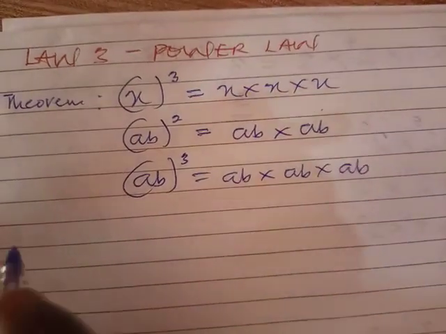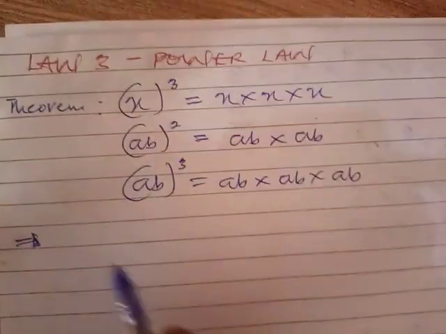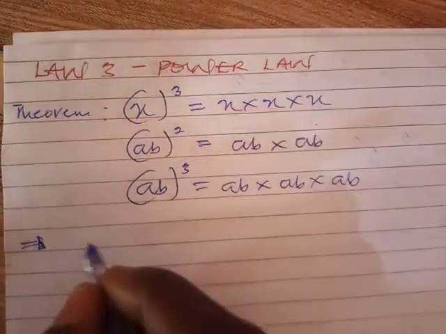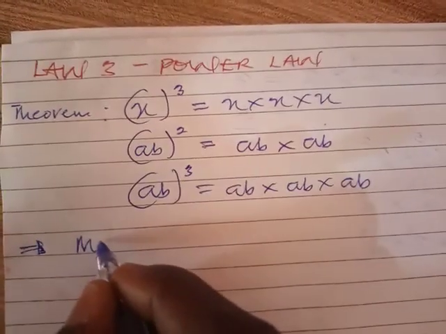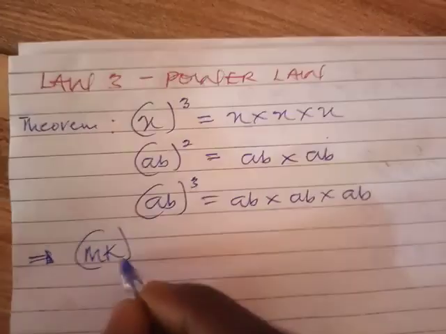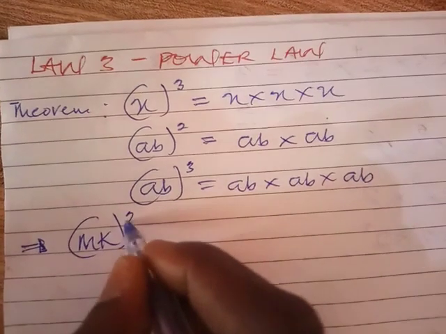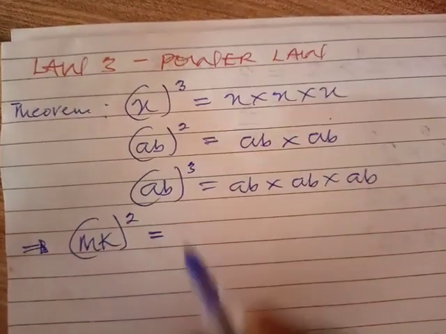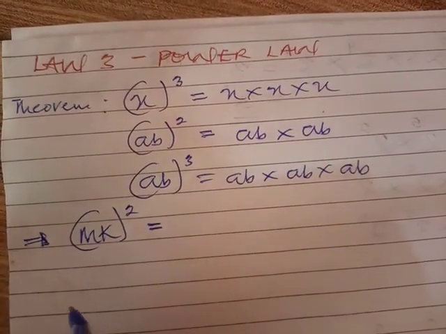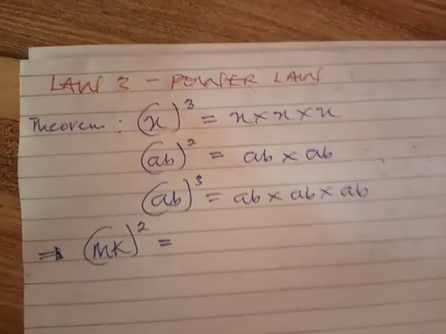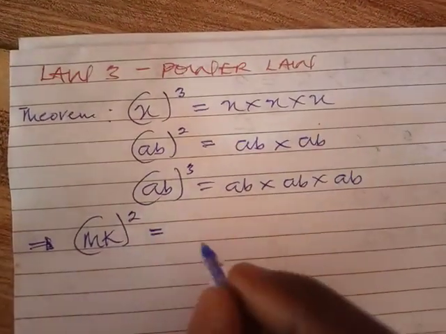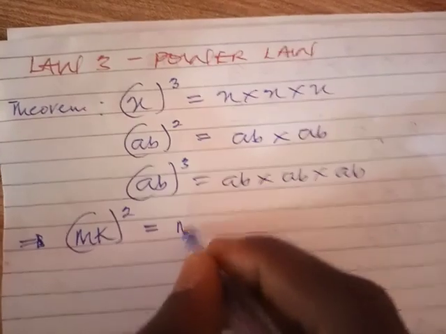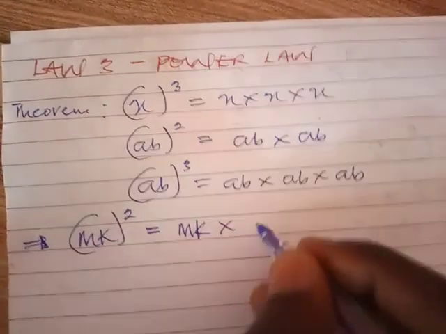Conversely, a theorem is also saying that if I have MK multiplying itself twice, this MK here can be written as this MK.